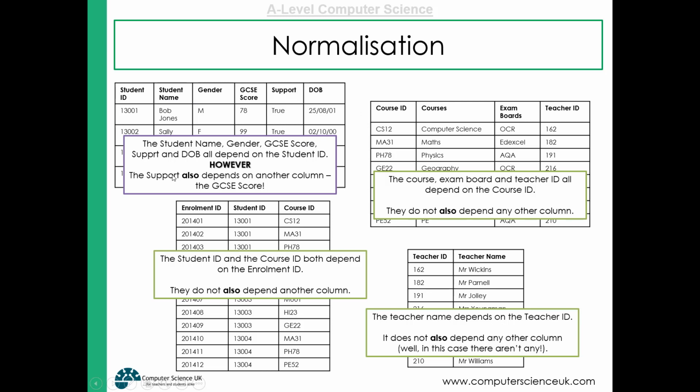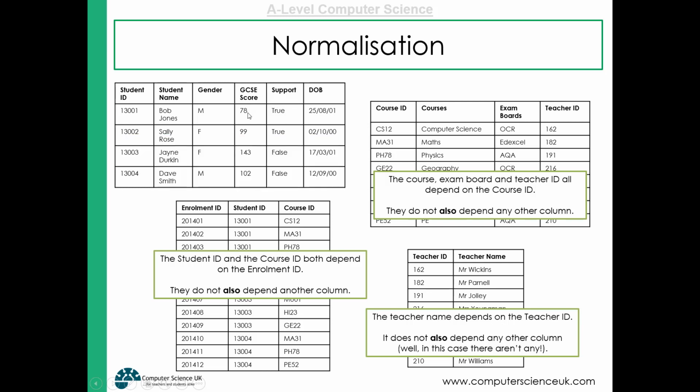However, support also depends on another column. Support depends on their GCSE score. Whether this student gets support or not depends on the score that they got at GCSE. In this case, if it's less than 100, they need support. If it's more, they don't need support. So yes, support is dependent on the student.